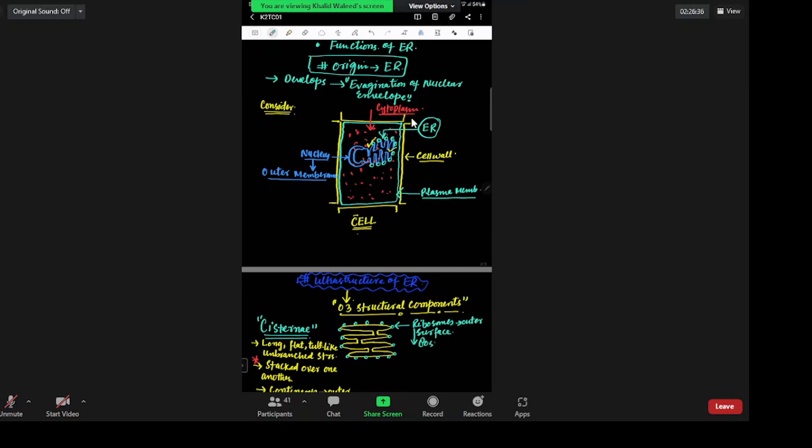These 80S ribosomes, which are attached with the outer surface of cisternae, are called cytoplasmic ribosomes.